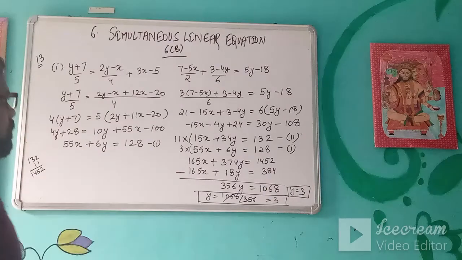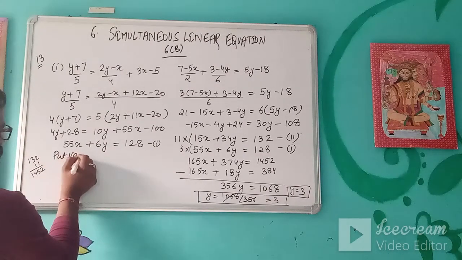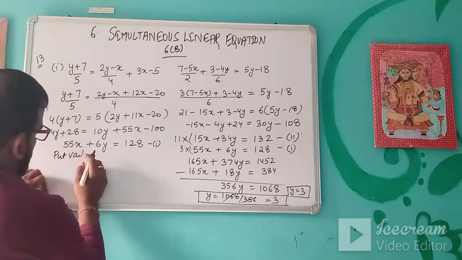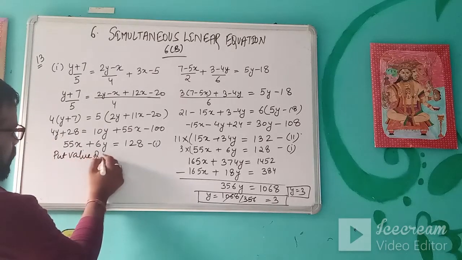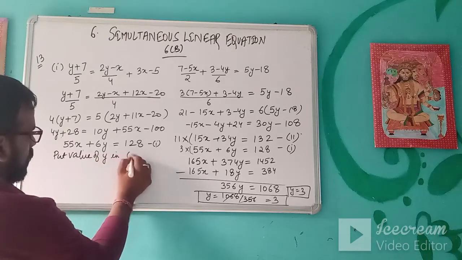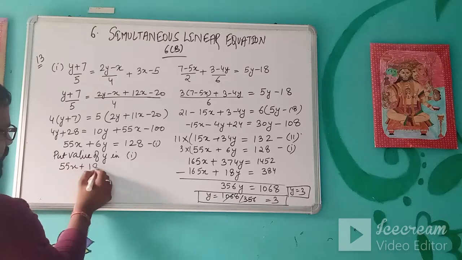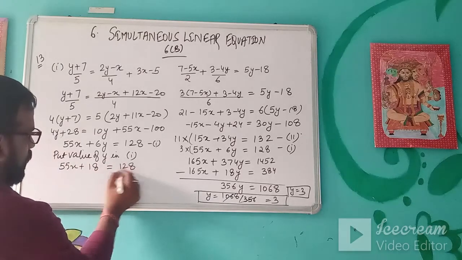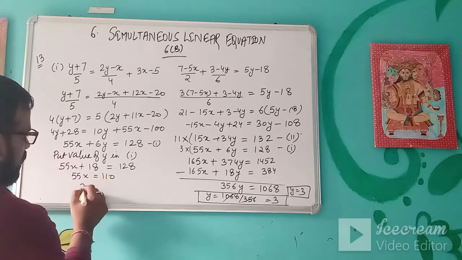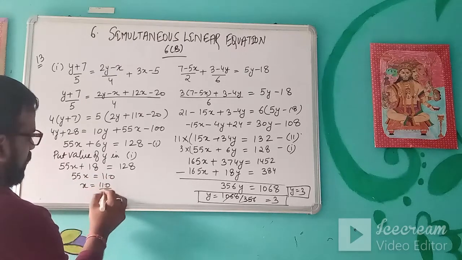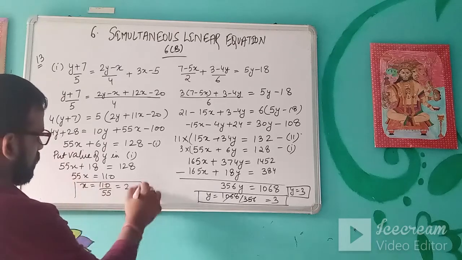Okay. Now we will put the value of y in the first equation. So 55x plus 18 equals 128. So 55x equals 110 and x equals 110 by 55, that is 2.